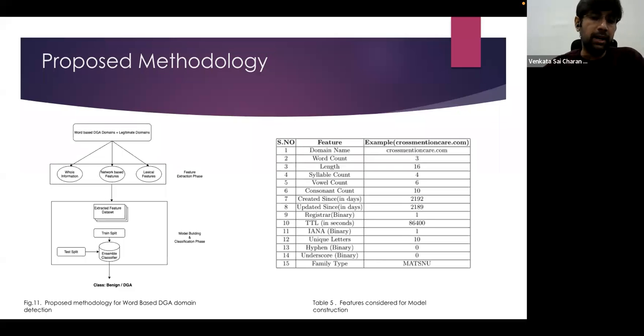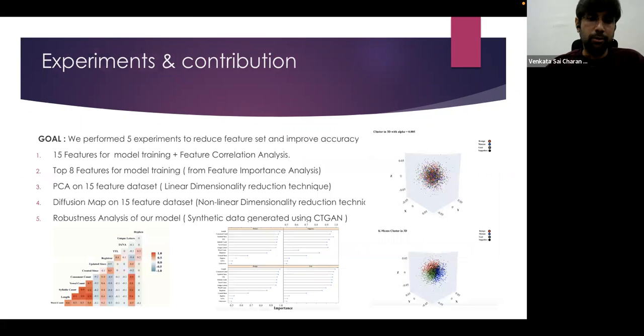Then we applied various ensemble models to identify these malicious domains, and we got good results as well. After this, we tried to identify the correlation between these features, that is, how one feature correlates with all the other features. Based on that, we also did feature importance, to see which feature contributes more to the model.